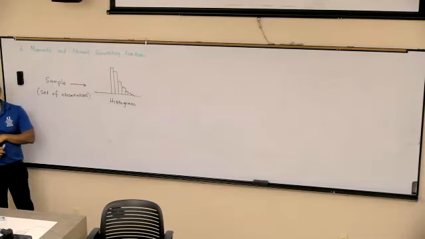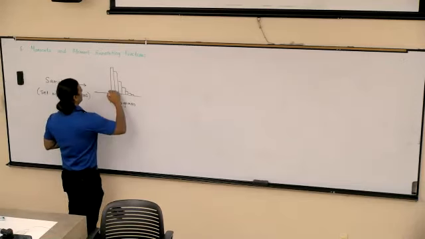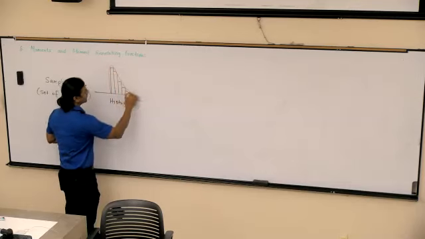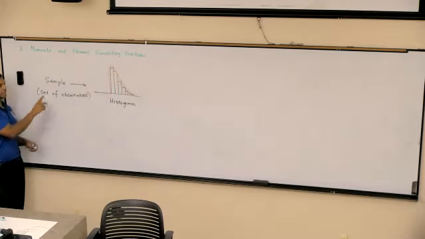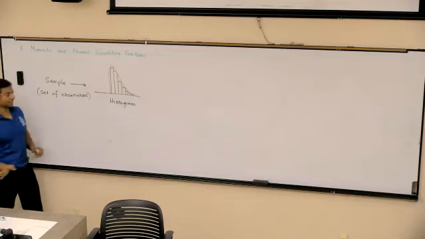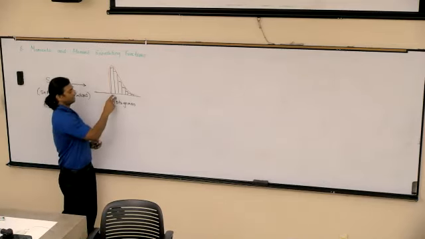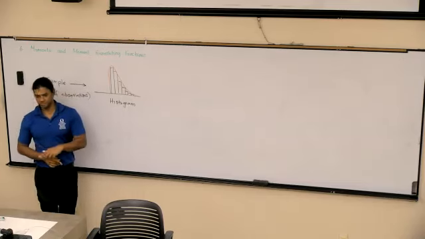It's too right skewed. It has a skew, right? So the density curve is going to look like that. So we cannot explain this sample using statistical methods with a normal distribution, because that's a skewed distribution.